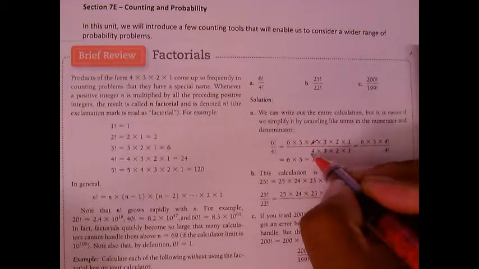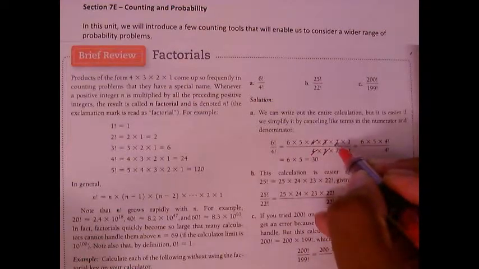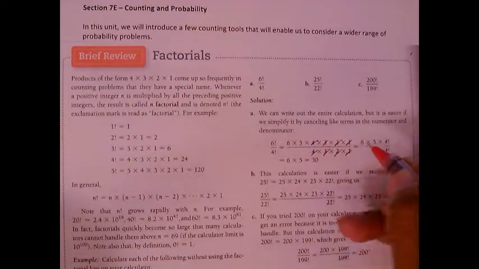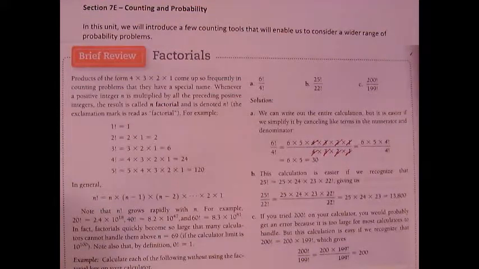Here, the 4 divides out, 3 divides out, 2 divides out, and the 1 divides out. So you're left with 6 times 5, which will end up being 30. So 6 factorial divided by 4 factorial will give you 30 as the final answer.